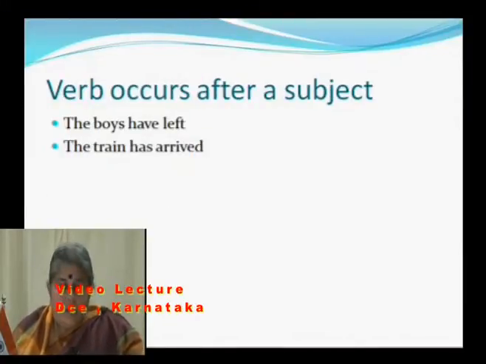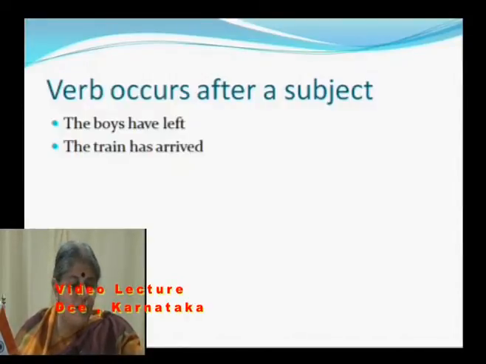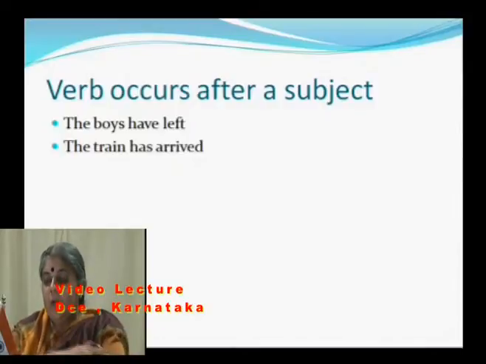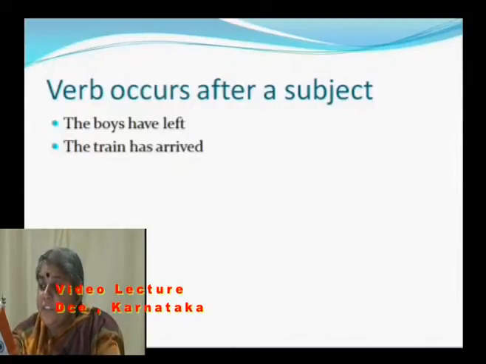Now, in order to understand the verbs in great detail, let us try to understand in which positions these verbs occupy. Verb occurs after a subject. It doesn't come in certain sentences before a subject.